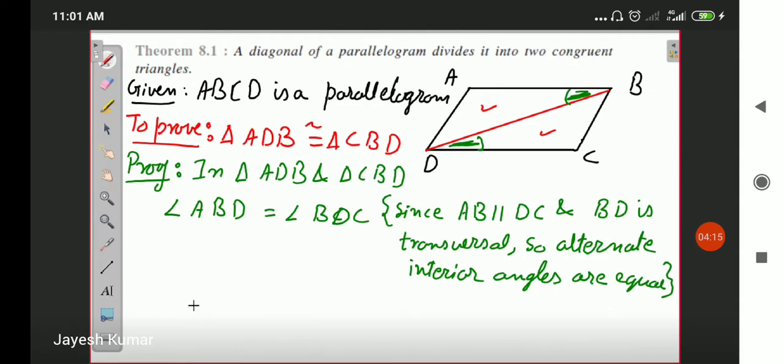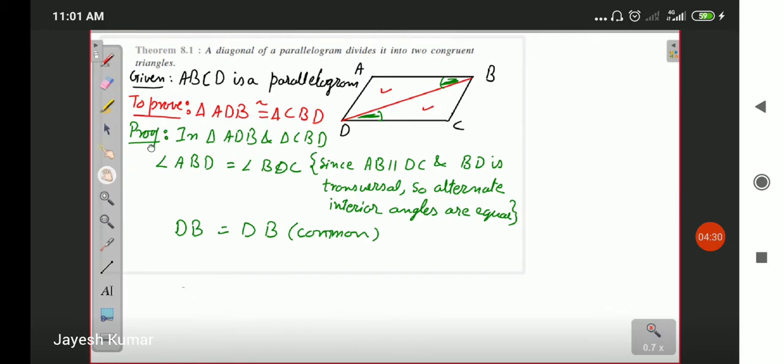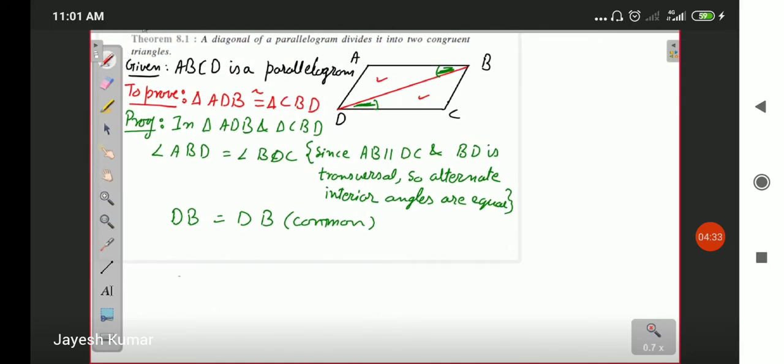Secondly, length DB is common to both triangles. And lastly, we need one more thing. We already proved that one pair of alternate interior angles is equal. Now we are going to say that another pair of alternate interior angles is also equal. This angle and this part of angle D are equal. How so? Because once again, AD is parallel to BC, since both pairs of opposite sides of a parallelogram are parallel.